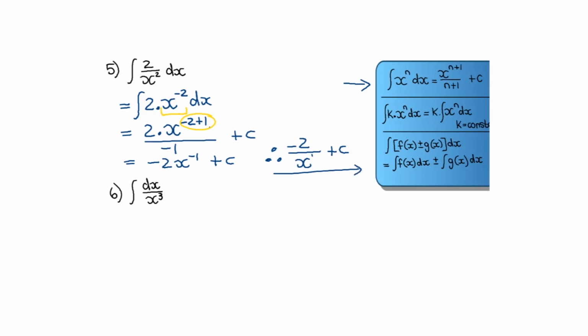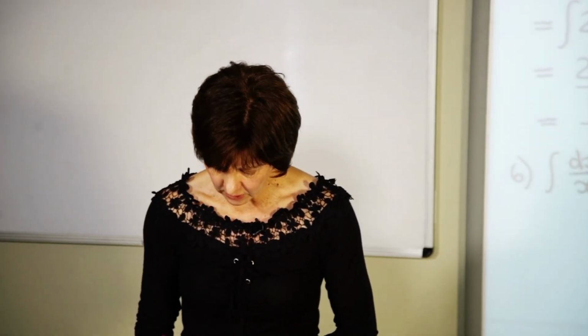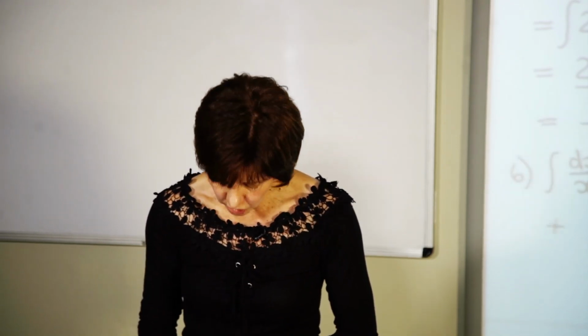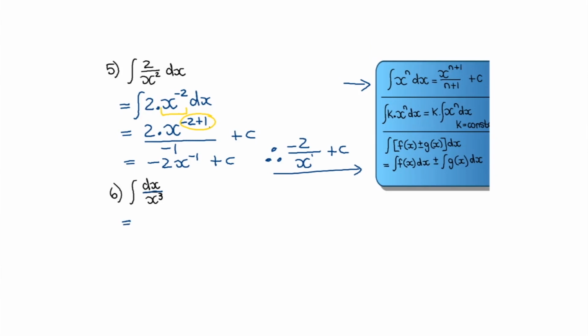In number 6, it's just about a notation. Don't think here the dx is really divided by the x cubed. It's just a notation to say I have an x cubed in the denominator and there is just a 1 on top. So I have to integrate this, same as what we have just done.